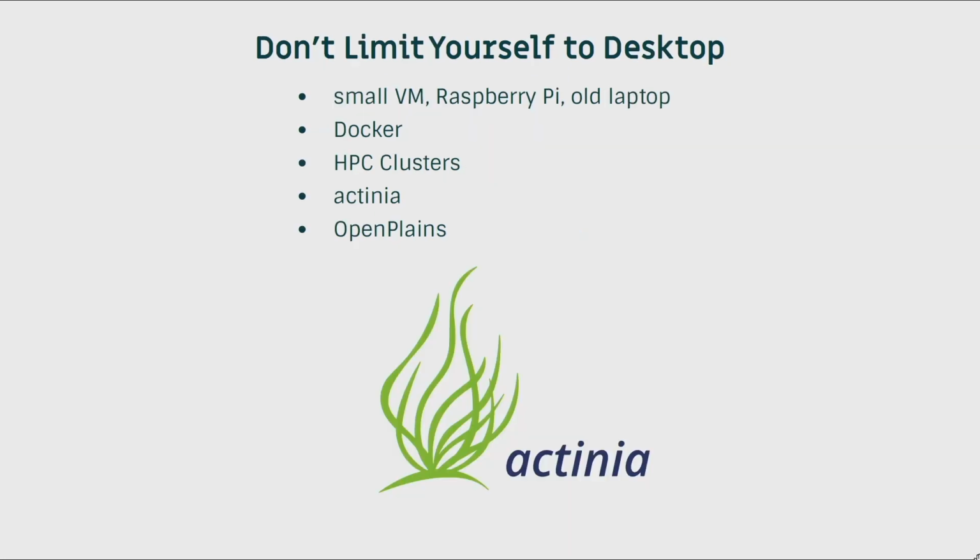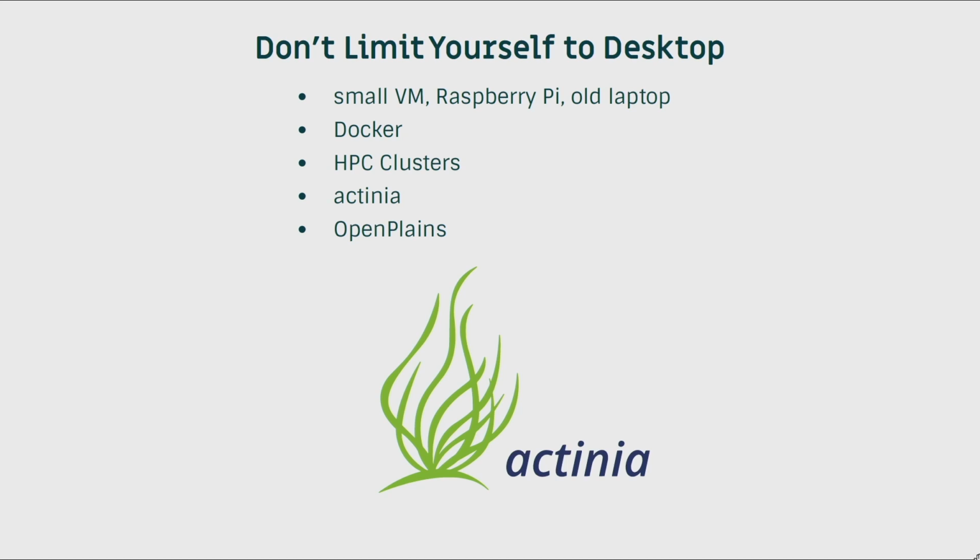Next tip, don't limit yourself to desktop. The typical workflow would be to run GRASS on a nice GIS desktop workstation, but GRASS will run just fine in a small virtual machine or Raspberry Pi or your old laptop.